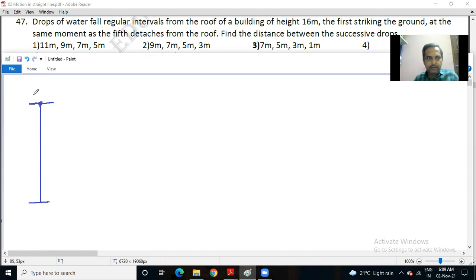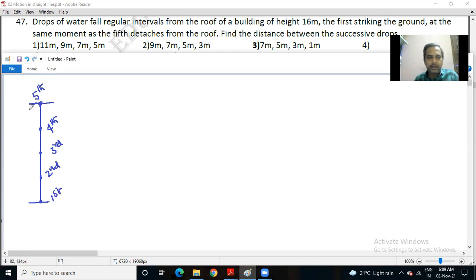Let us say this is the fifth drop ready to fall. Here it may be the fourth drop at its position, this may be the third drop, this may be the second drop, and this is the first drop.